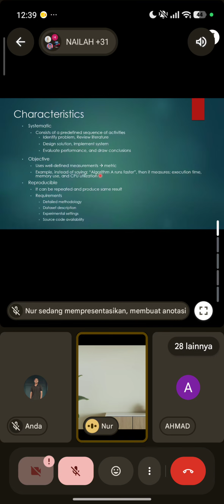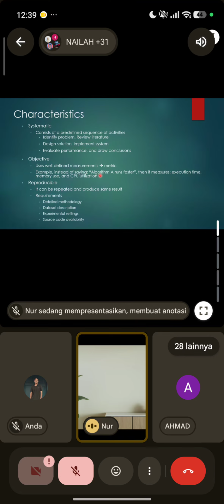So this research can be repeated, and if other people do the same experiment, the same research, with the strict criteria that we already set up, perhaps it will produce the same result. So this is actually the characteristic of computer science in research methodology.